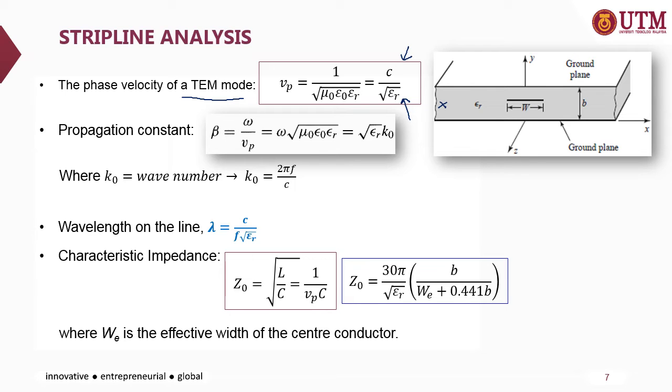Where the strip line is sandwiched in between two parallel metal ground planes, the propagation constant beta is equal to the square root of epsilon R times k naught.